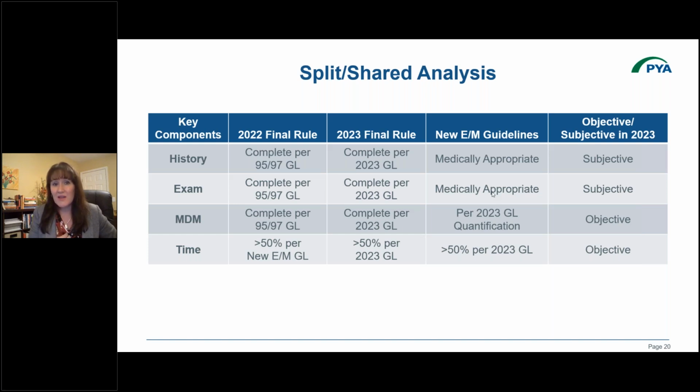So in my mind, it's not even a split or shared visit, even if the NPP provides service. But you may want to build an FS modifier if it's not clear who all is providing what. You would want very unique documentation around the physician for those medical decision-making components.